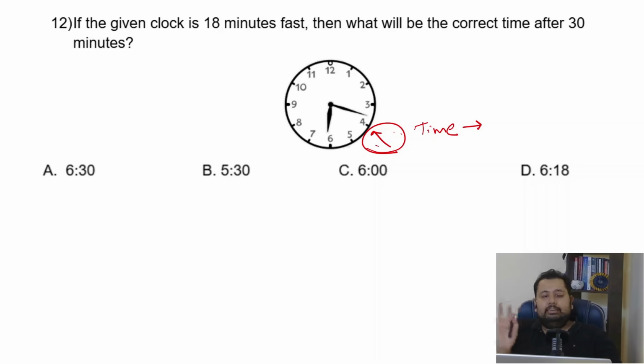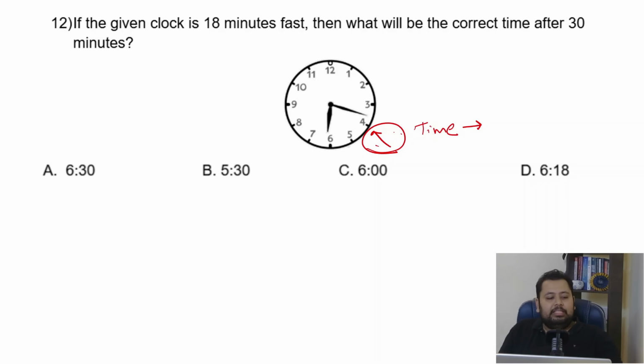I'm not actually giving you the answer away over here. You have to find out the actual time now because it is 18 minutes fast, right? And then we have to find out what will be the correct time after 30 minutes, right? You have to add 30 minutes after that. So, pause the video first, solve it, and then look at the solution.